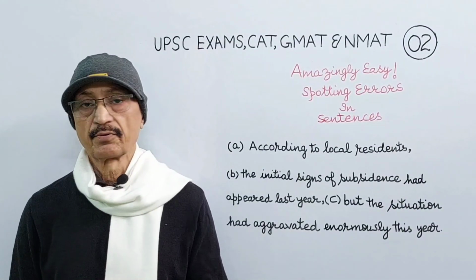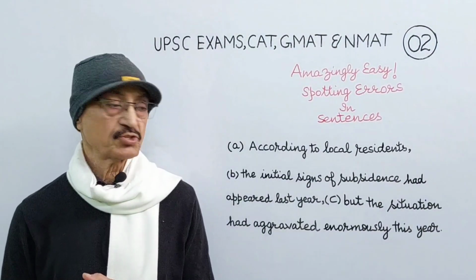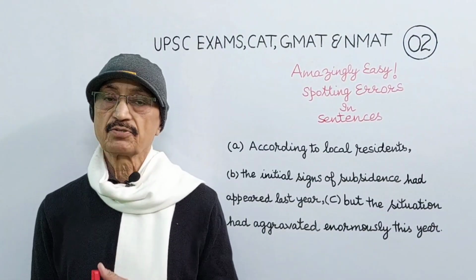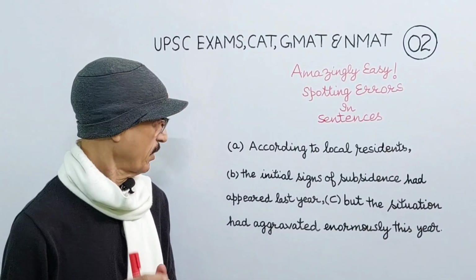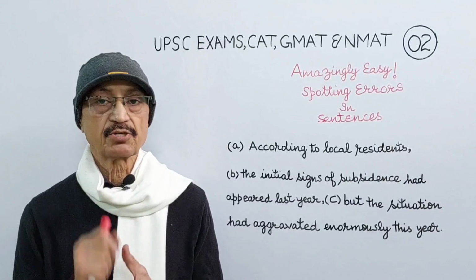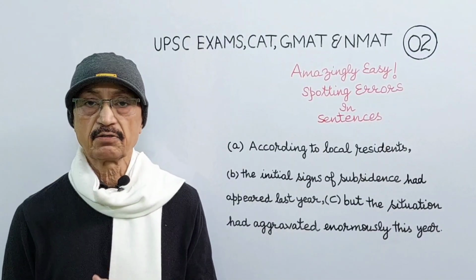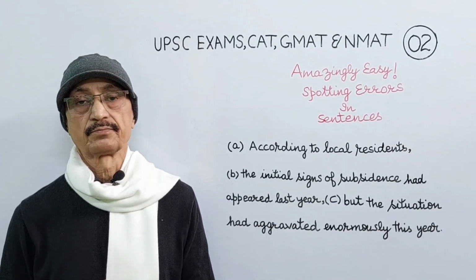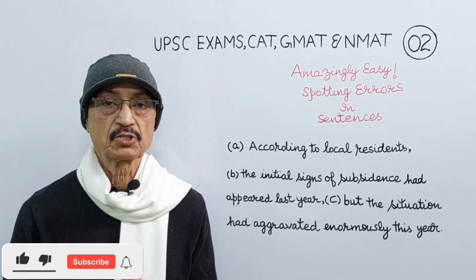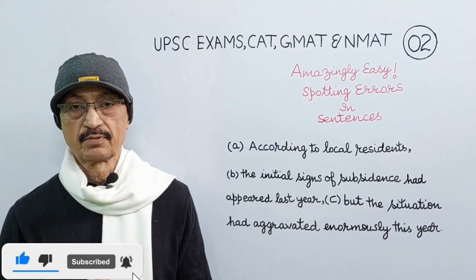Let us take another sentence. According to local residents, the initial signs of subsidence had appeared last year, but the situation had aggravated enormously this year. Let us try to spot where the error lies.